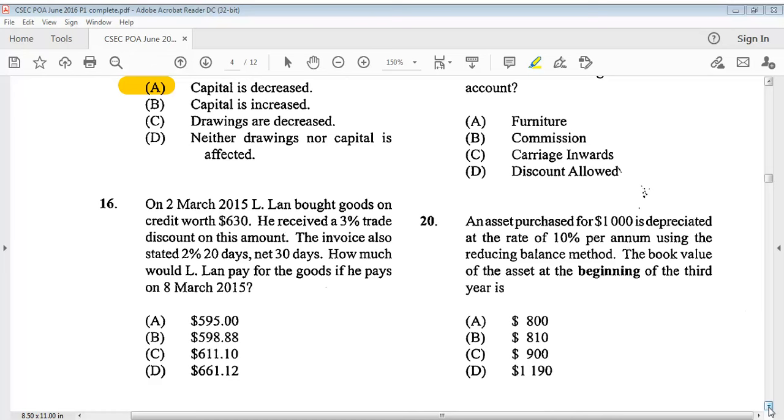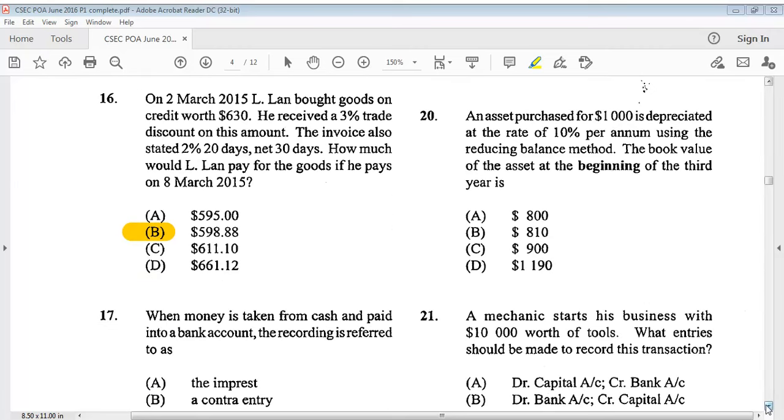And we now have to find 2% of that $611.10, and you should get $12.22. And what we do now, we deduct all those deductions from 630. So we take the $18.90 and the $12.22 from that, and you should get B, $598.88.